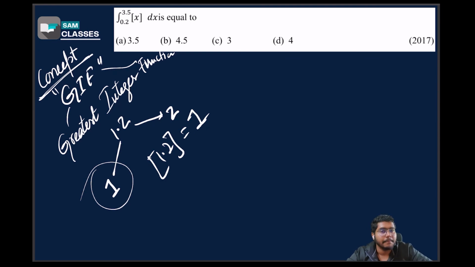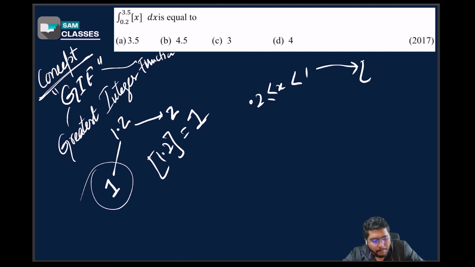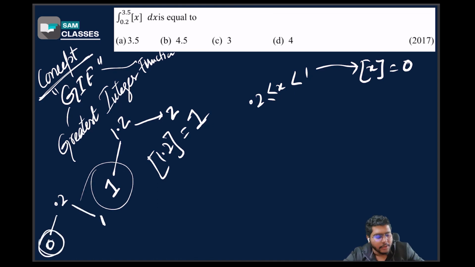Now the most important thing is you need to break the integral, because whenever x is from 0.2 to 1, box x will take the value 0, because 0.2 is between 0 and 1, so the smallest integer is 0.